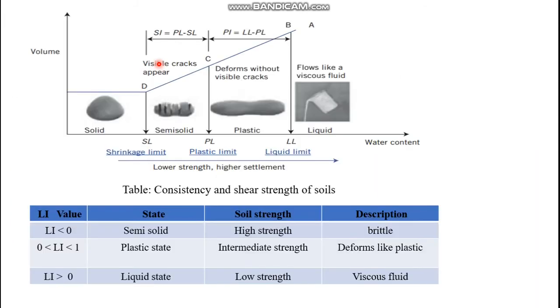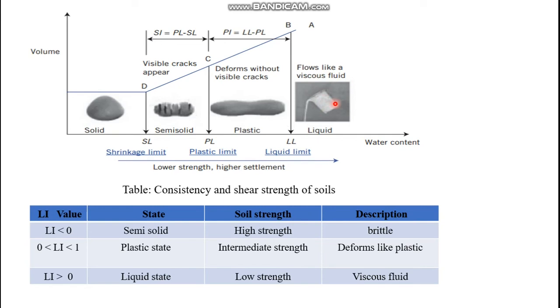What's meant by that is, suppose you have a soil sample mixed with an excess amount of water. This mixture will act as a viscous fluid, or a viscous liquid.